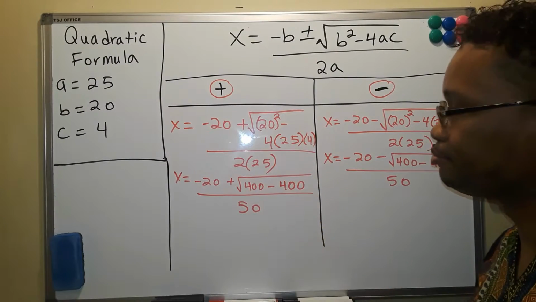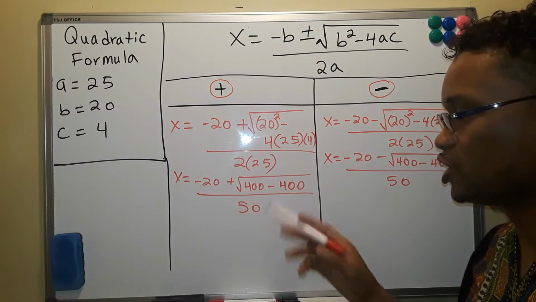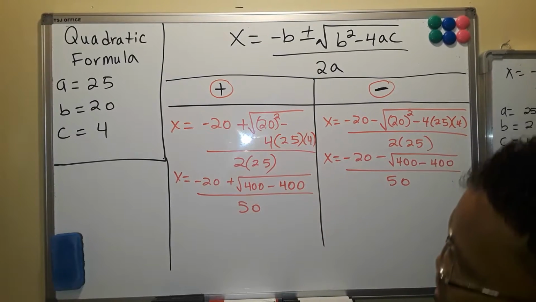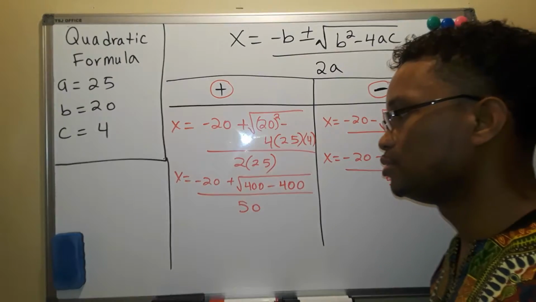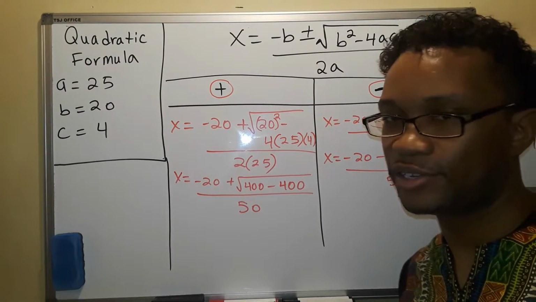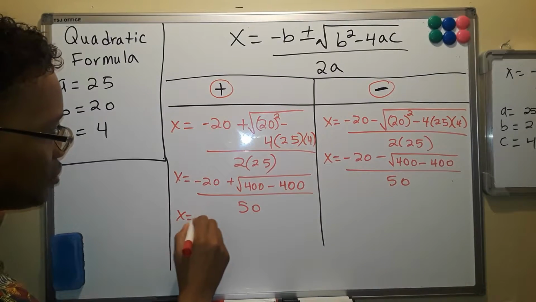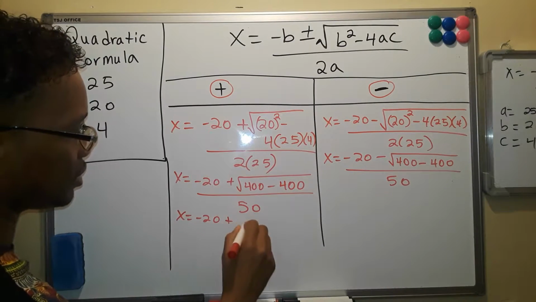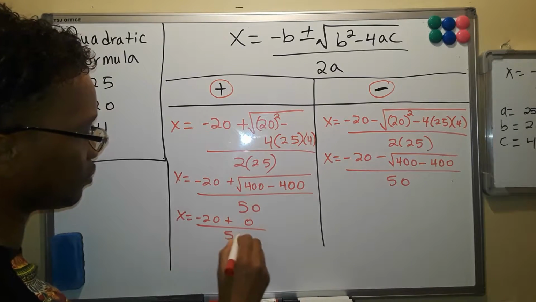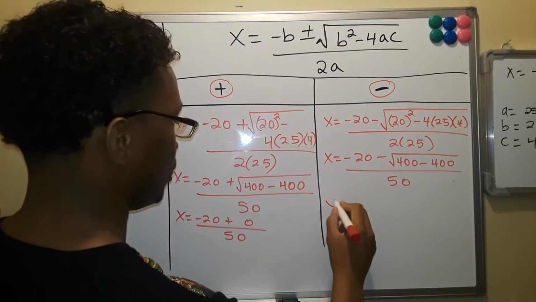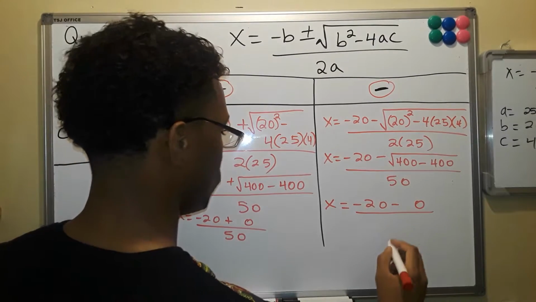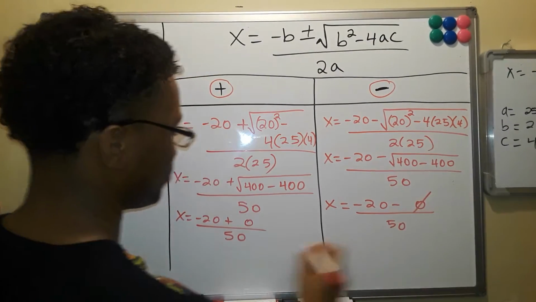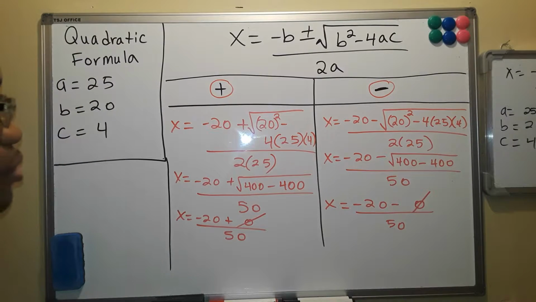Alright, so now you basically solve the rest. But first you do this one. 400 minus 400 is 0. So the square root of 0 is just 0. I'm going to write it for simplicity. x equals negative 20 plus 0 over 50. x equals negative 20 minus 0 over 50. Since it's 0, it doesn't really matter, so that's gone.